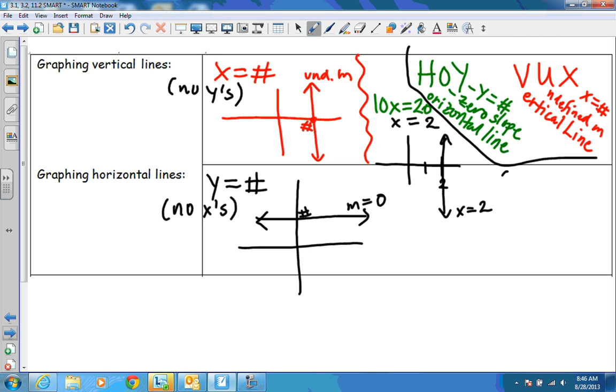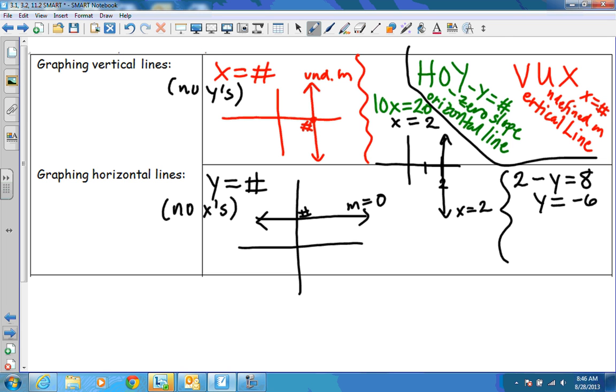So again, a little example. Do you see any x's? Nope. So what do you need to solve for? Y. So solve for y. What's y equal to? -6.